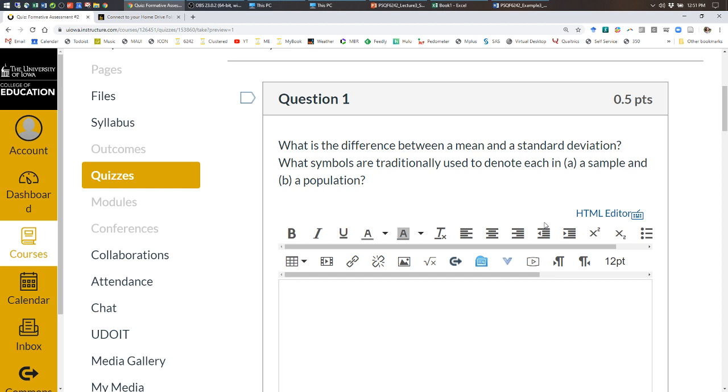And then in terms of language, what symbols are usually traditionally used to denote each in a sample and a population? So the sample is X bar for the mean, and for a population it's mu. Yep, U-looking thing, yes. And how about for standard deviation? Sigma.